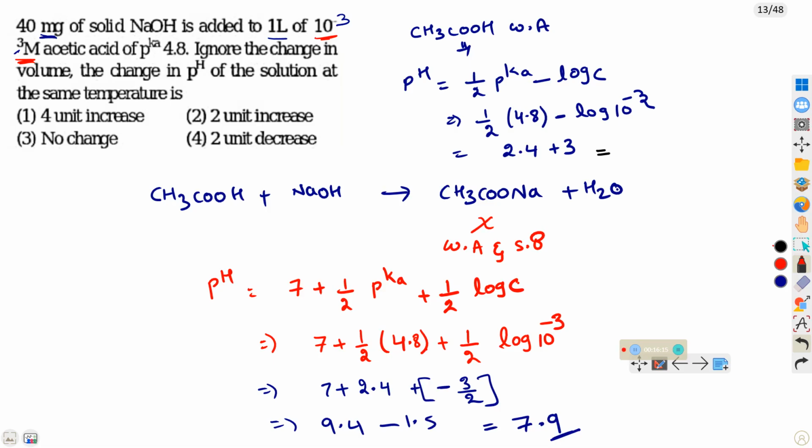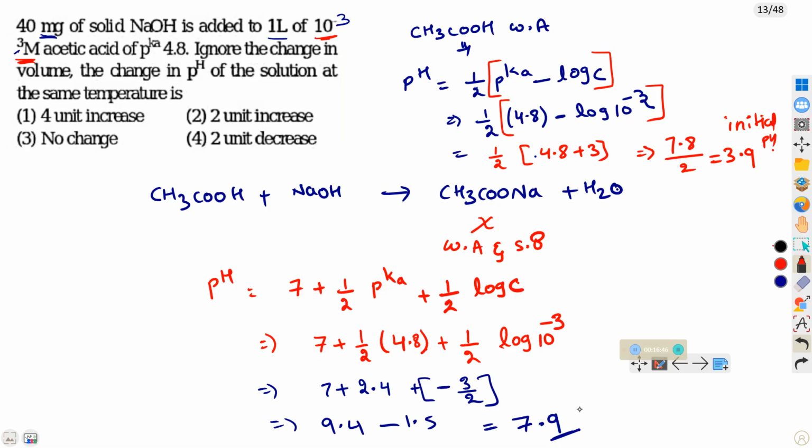This is 1 by 2 whole of pKa minus log C whole. Now you can simplify, you will get the answer. So 1 by 2, 4.8 plus 3, 7.8 by 2, 3.9. Initial pH is 3.9.